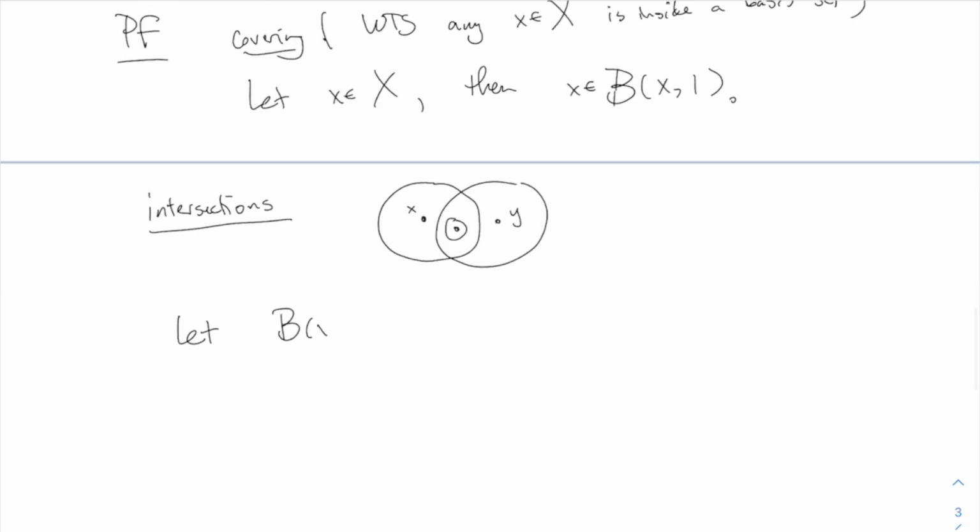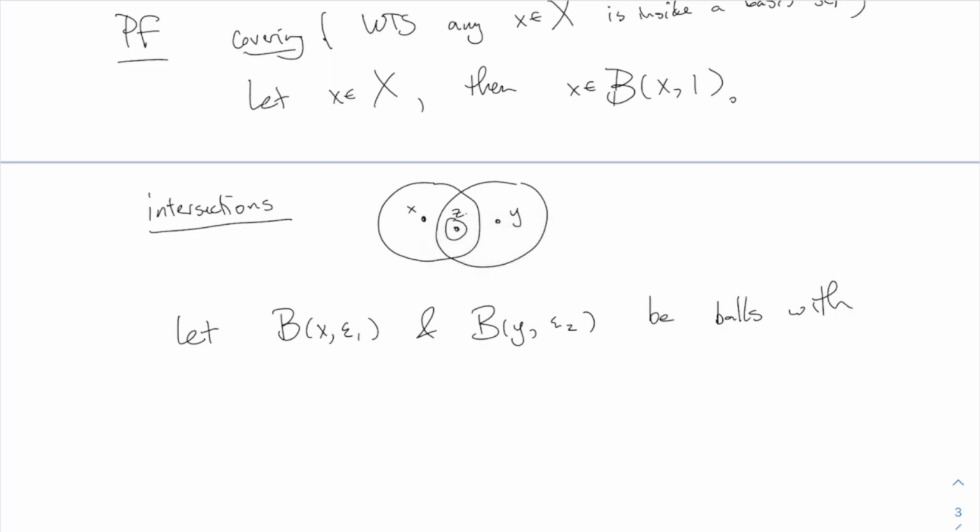So I'll say let the ball of x with radius epsilon 1 and the ball around y of radius epsilon 2 be balls with some intersection, and the intersection is not empty. So typically the way you say this is there is some other point inside of the intersection. I'll call that one, this point in the middle, z, say.